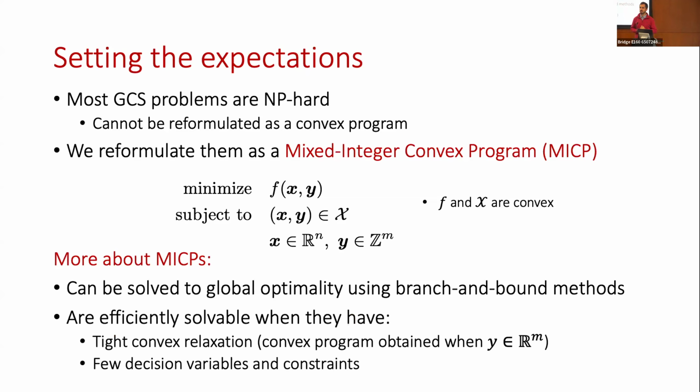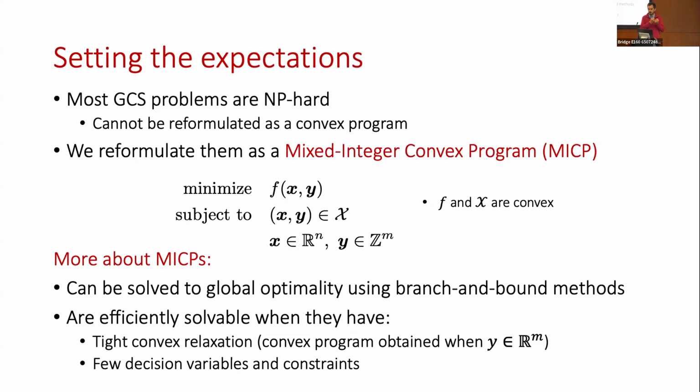Secondly, in some cases, we are able to fight this worst case exponential runtime by designing mixed integer convex programs that are efficient. What makes a mixed integer convex program, a MICP, efficient is the concept of the convex relaxation of the problem. So you can take this problem that I've shown here. The main difficulty in this problem is that some of the variables are discrete, are integer.